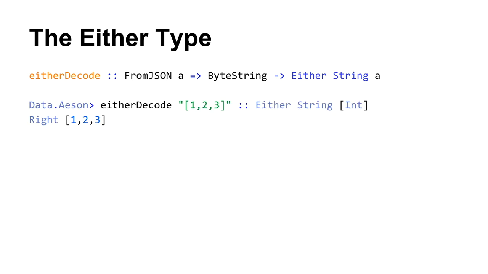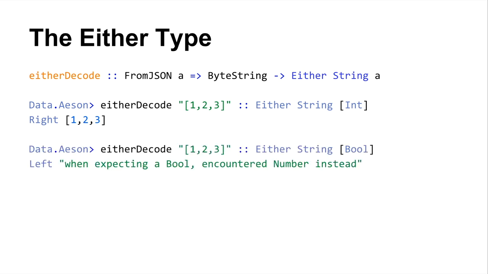For instance, you apply eitherDecode to a string with [1,2,3] in there, and say try to decode this to a list of integers, and you're successful, so you get back the Right constructor with the list 1, 2, 3 as your value. You apply eitherDecode to the same argument, but tell it to produce a list of booleans, and you get Left, representing failure. So the notion of success and failure is encoded in these types.